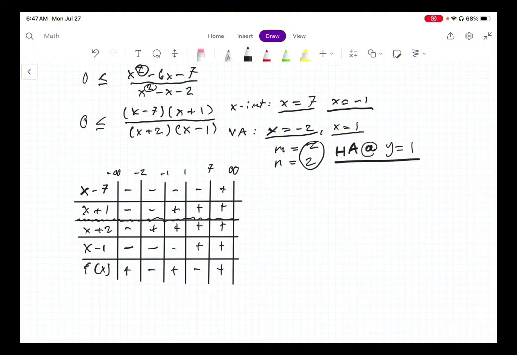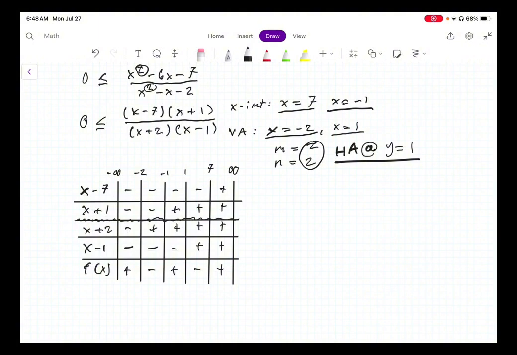Now, we can use our critical points that we solved for, like our x-intercepts and our vertical asymptotes, in our interval table. So we're going to label our interval table from left to right in increasing order, and we're going to have our linear factors on our left.